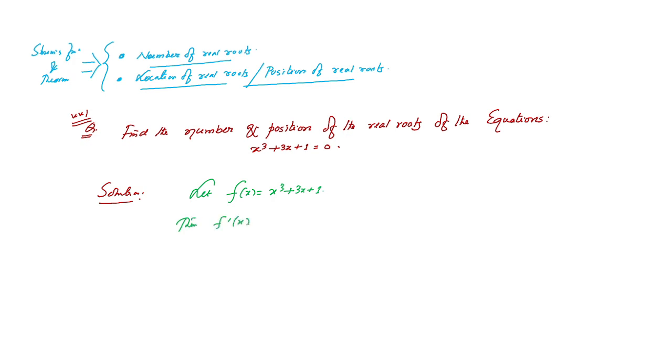Then f'(x) equals 3x square plus 3, which is 3 into x square plus 1. Therefore f1(x) is basically f'(x), but we will remove the factor 3, which will help us for calculation. So f1(x) will be x square plus 1.